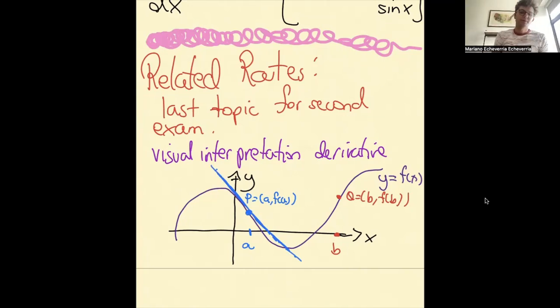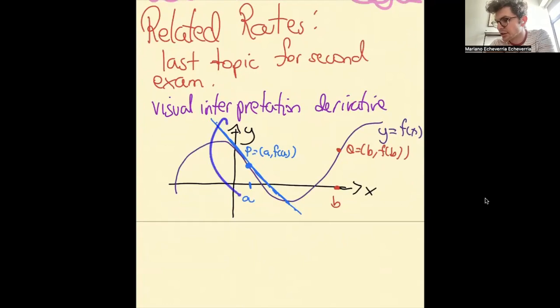And this is more conceptual analysis. What would you say is the slope of this line? Would you say the slope of this line is positive or negative? Yeah, the slope of this line should be negative.